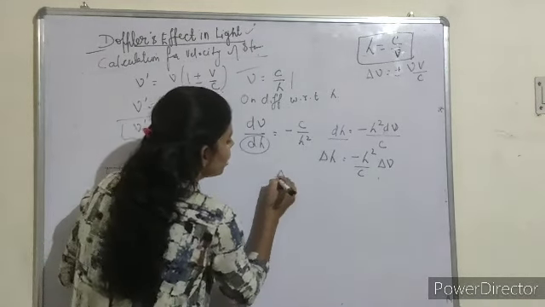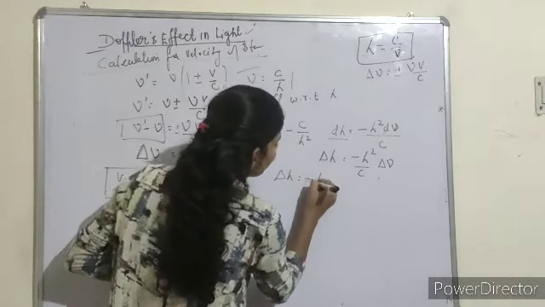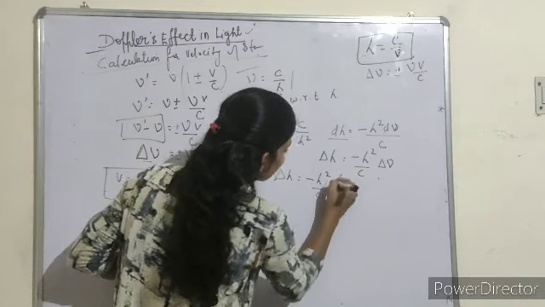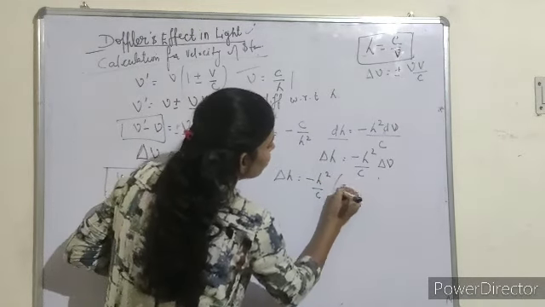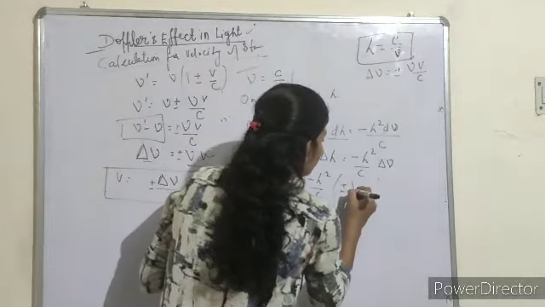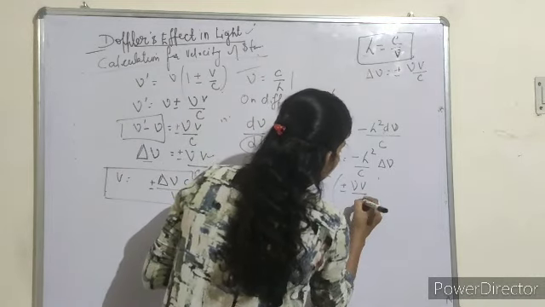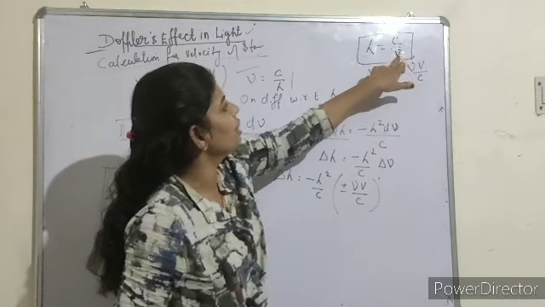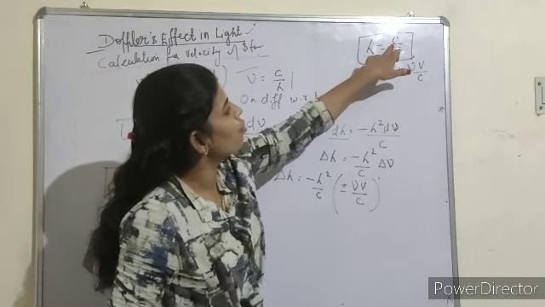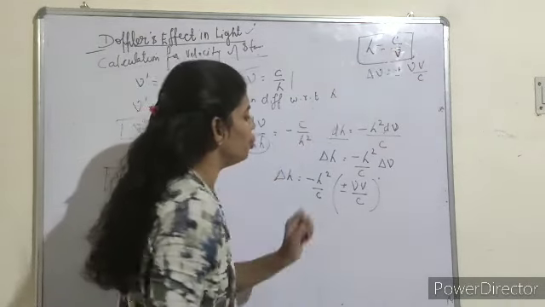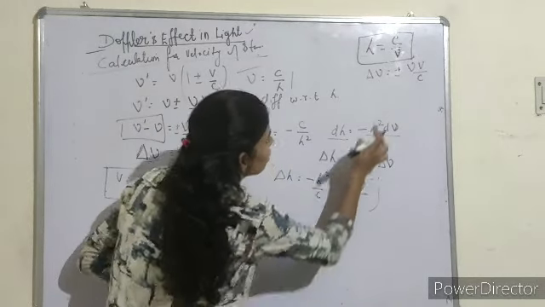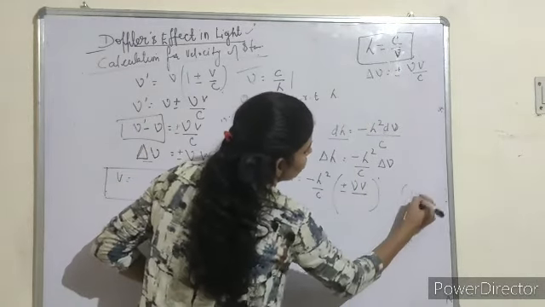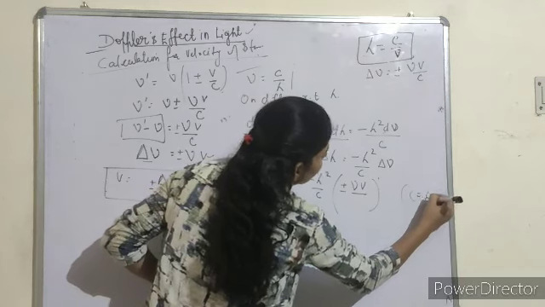Replace the value of delta nu from here in this equation. So it would become delta lambda is equal to minus lambda square by c into plus minus nu v by c. And from this equation we can write down the value of c as lambda into nu. So we can replace this c is equal to lambda nu.